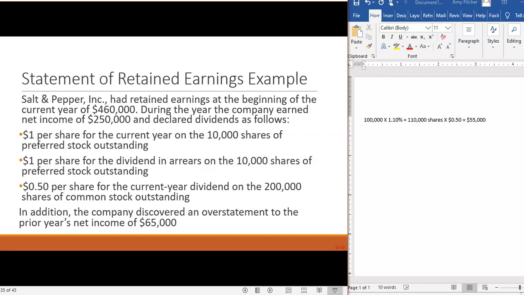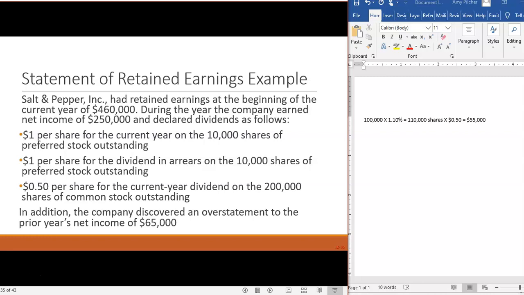For this example, we want to make a statement of retained earnings. We have this company, we have our beginning retained earnings of $460,000. Then it gives us a lot of different information about the company. One of these things is that we had an overstatement to the prior year's net income of $65,000.